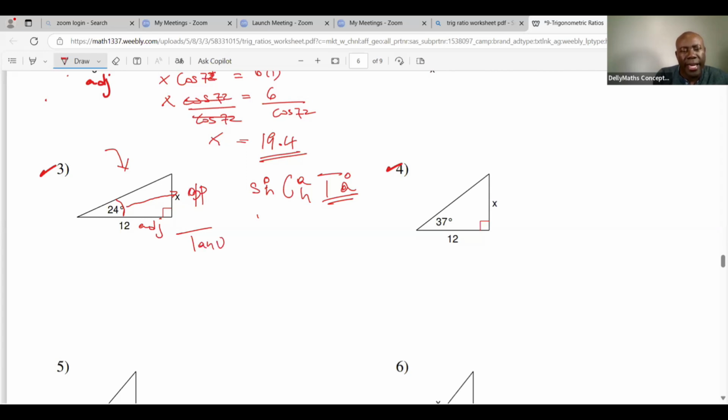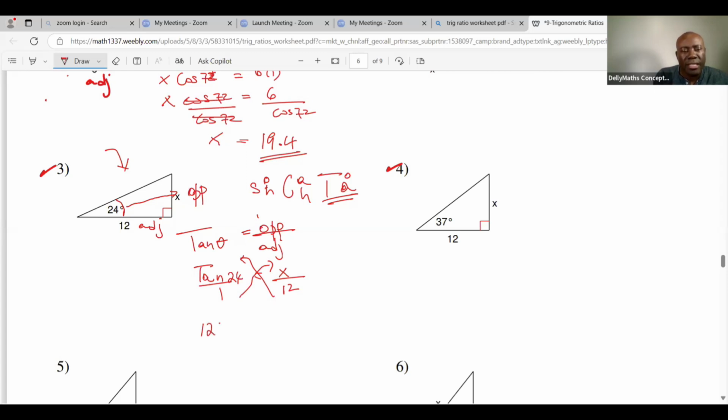The tangent of any acute angle in the right triangle is equal to the opposite side divided by the adjacent side. Now the tangent of the angle 24 is equal to the opposite side, which is x, over the adjacent side, which is 12. We can cross multiply quickly.